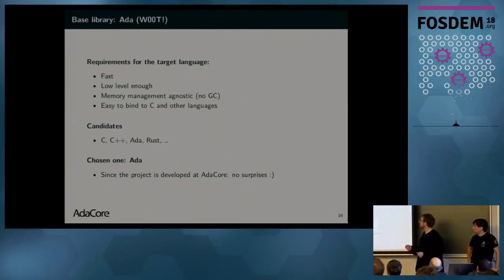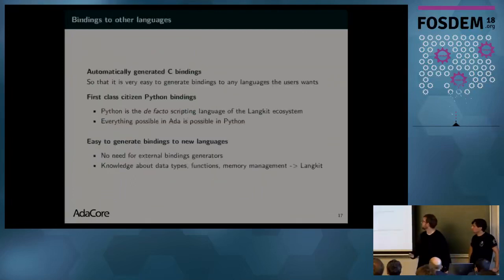But we could have chosen another language, but Ada was an obvious choice for us because we have a lot of Ada knowledge and it's right on target for this use. So since not a lot of people use Ada, we provide bindings to C and to Python. And Python is the de facto scripting language of the ecosystem.